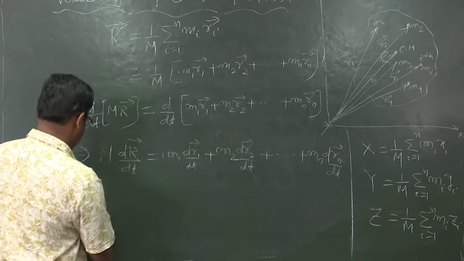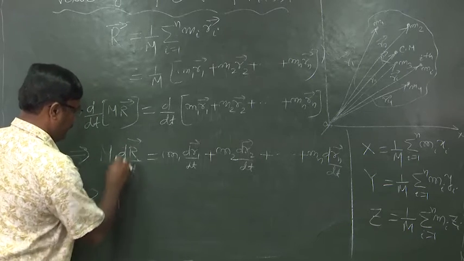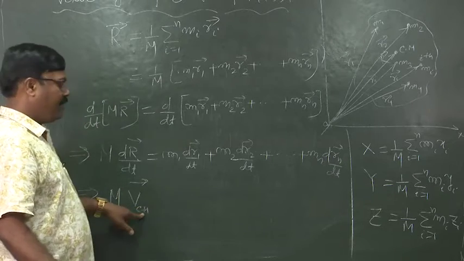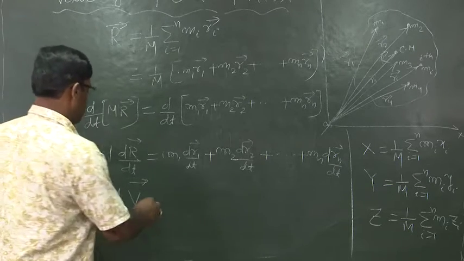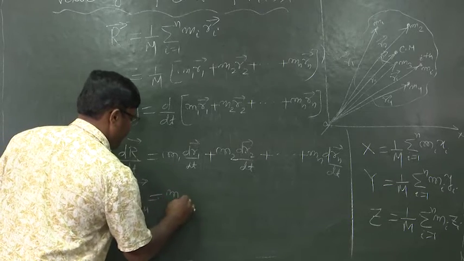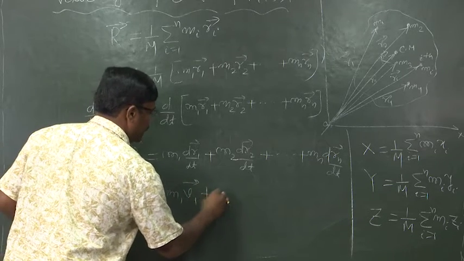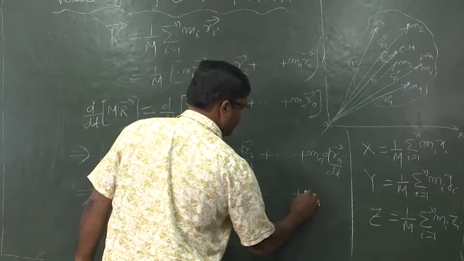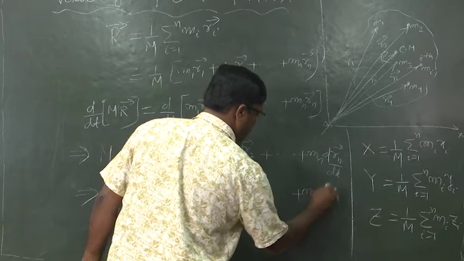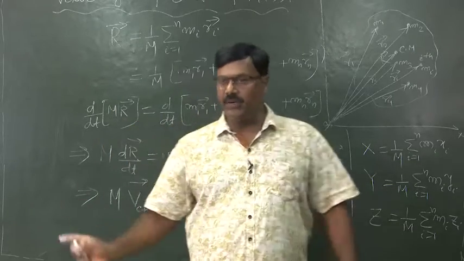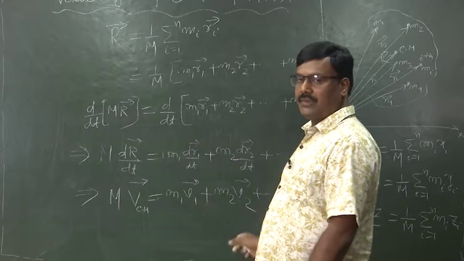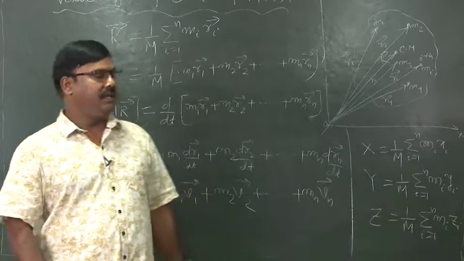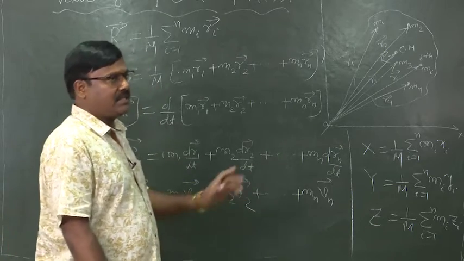So, this equation becomes M v, writing cm as a subscript for center of mass, is equal to m1 v1 plus m2 v2 plus up to mn vn, where v1, v2, v3 up to vn are the respective velocities of the particles of the system.